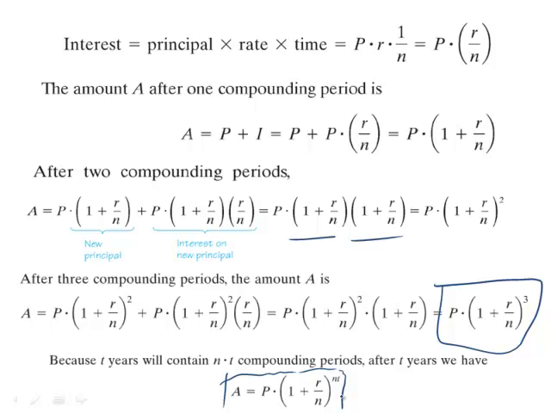And then you have your interest rate R, that's going to be an APR, annual percentage rate, divided by the number of compoundings per year, which depends, of course. If you have annual compounding, then it would be 1. If you have quarterly, then it would be 4. If you have semi-annual, then it would be 2.